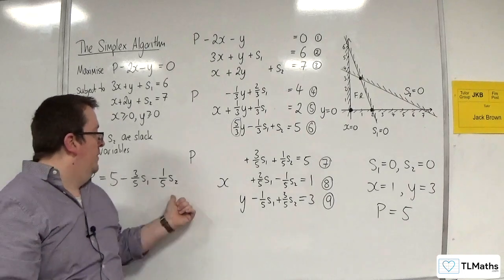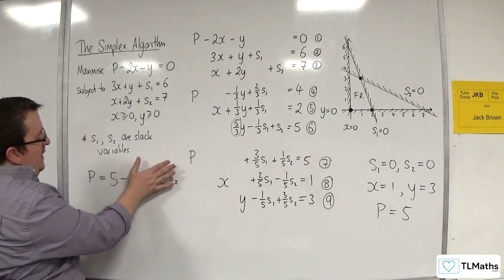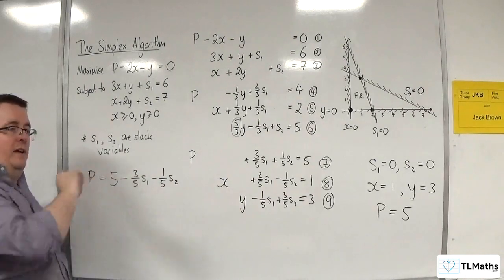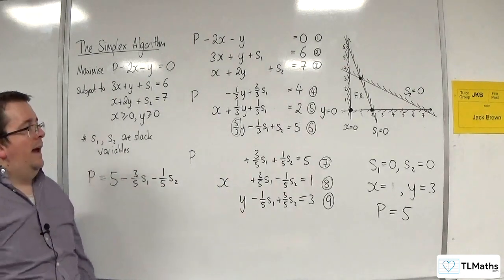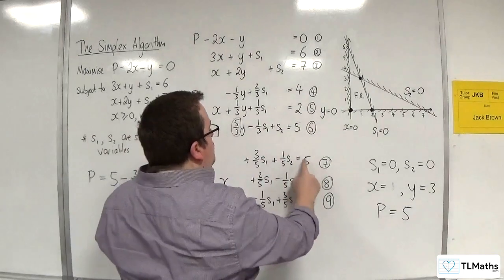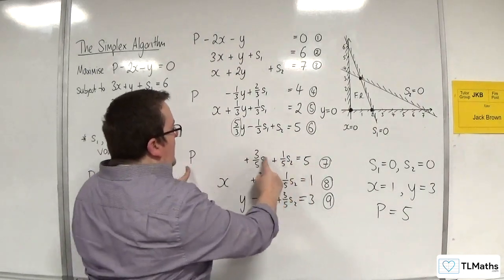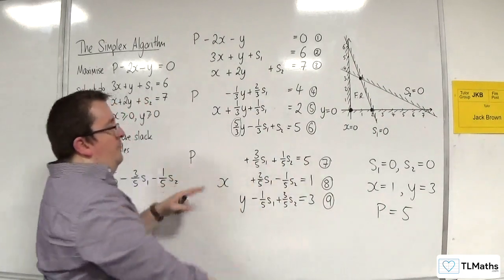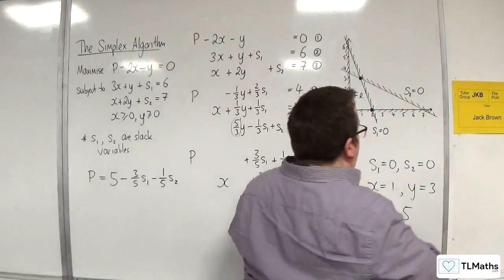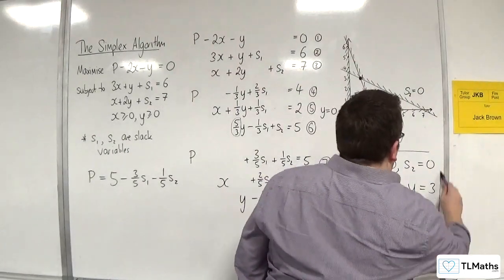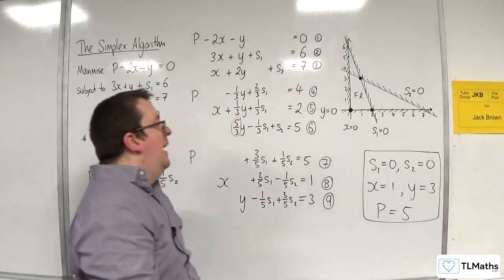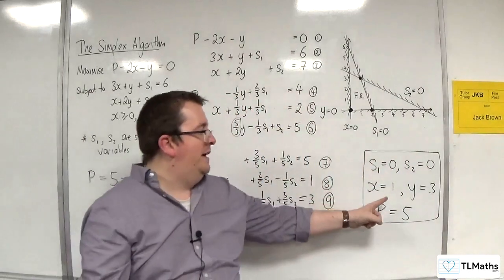The best that this can be is if S1 and S2 are both 0. So there is no way that I can improve that. And I can see that I cannot improve it by the fact that there are no negatives in that top row. So this is definitely the optimum solution. Okay, that is as best as I can get it, and it occurs at those values there.